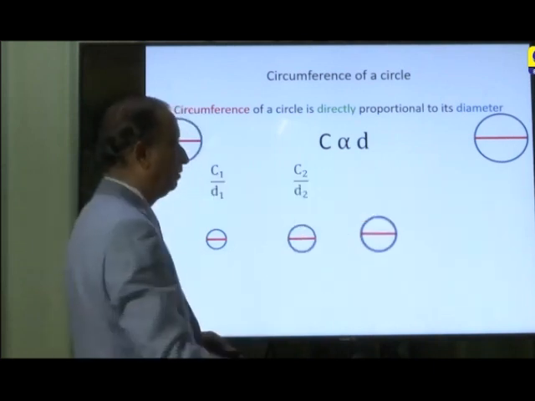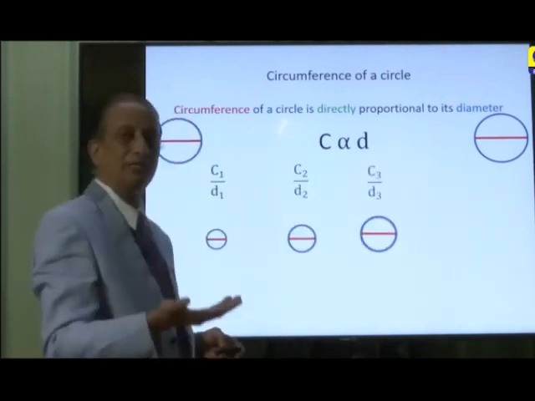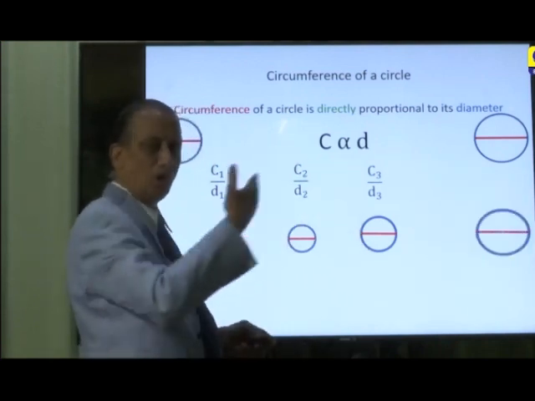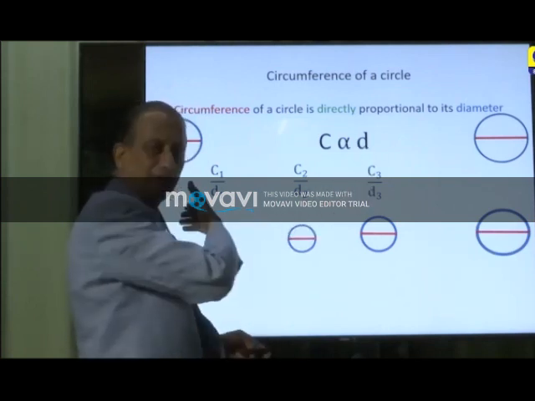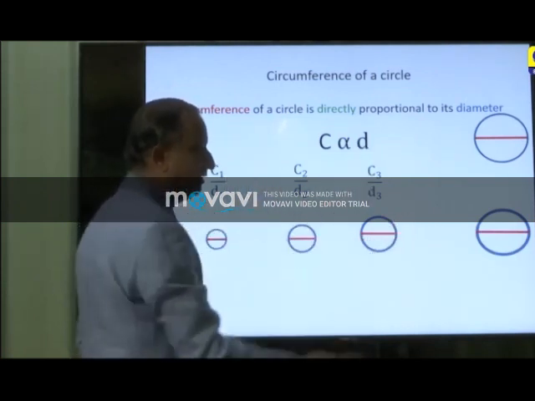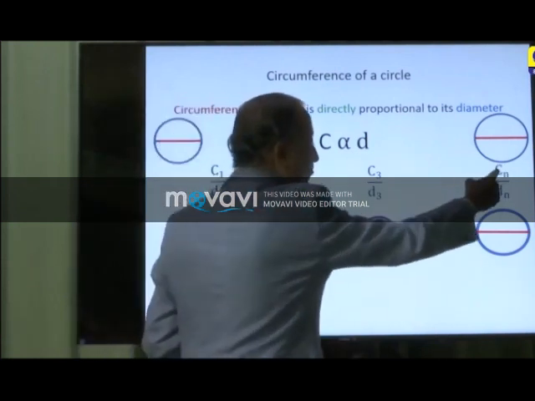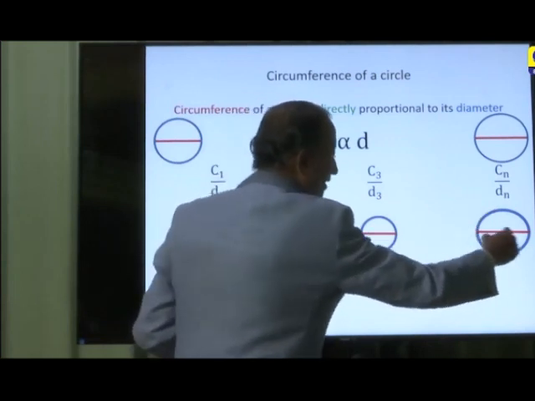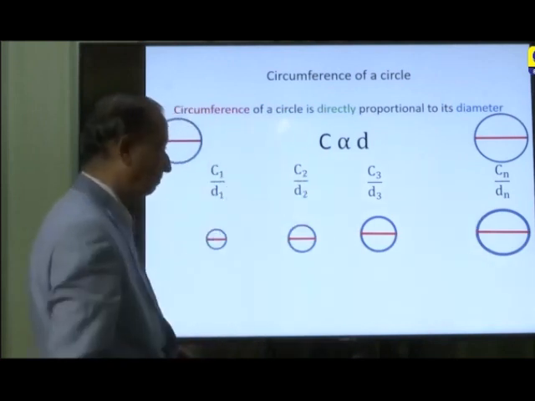One more example, a bigger circle this time; again take the ratio between its circumference and diameter. Like this you can go on finding the ratio for any number of circles. Let us call the last ratio Cn, the circumference of this circle, divided by Dn, the diameter of this last circle.